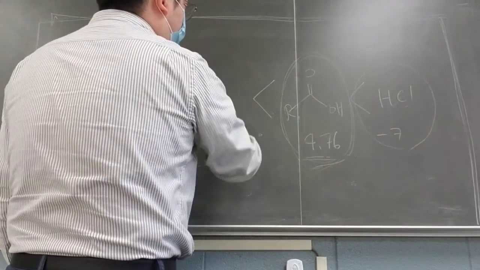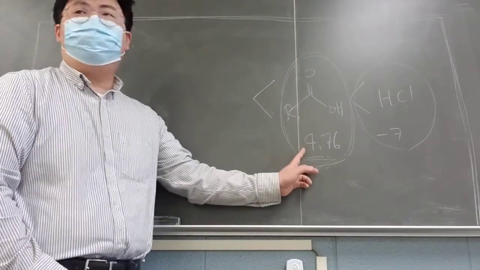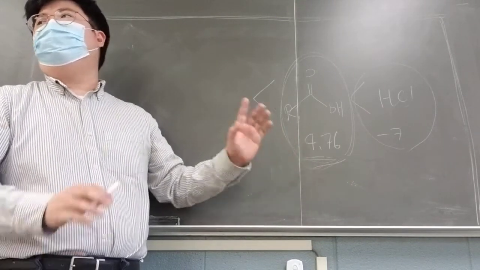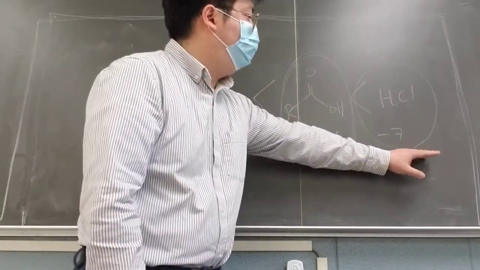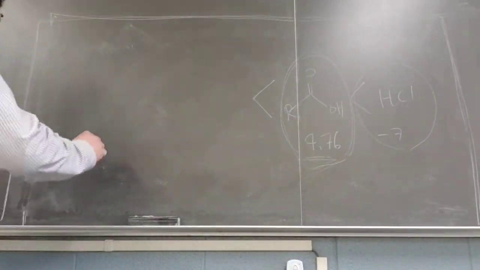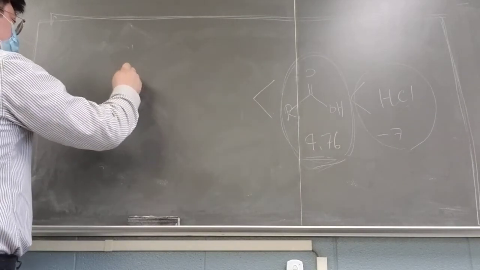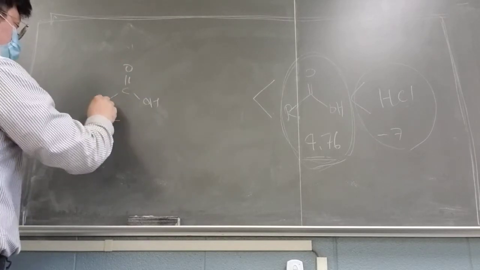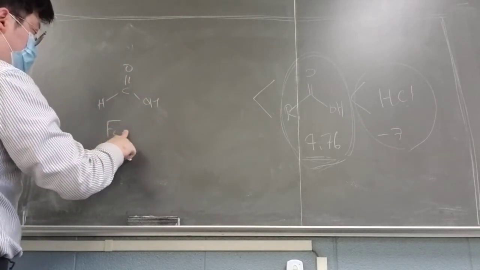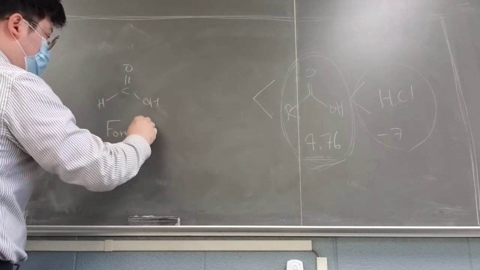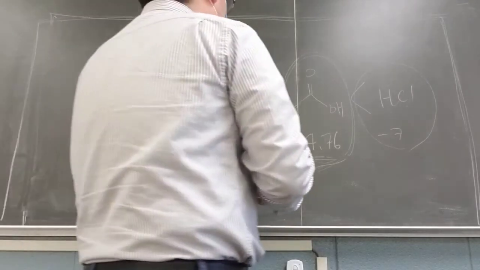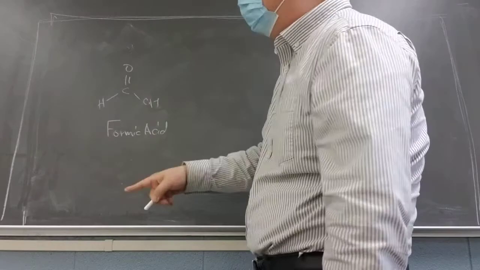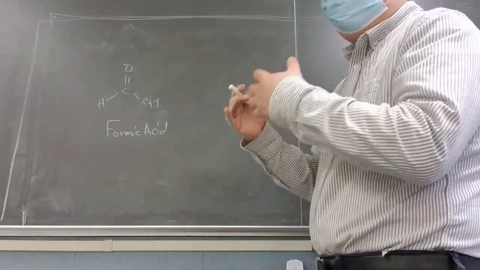Can you guys guess why this becomes a stronger acid than alcohol, even though it's still weak relative to the very strong ones? It's because of this. If you have formic acid, when they lose the proton in the carboxylic form, they become carboxylate.